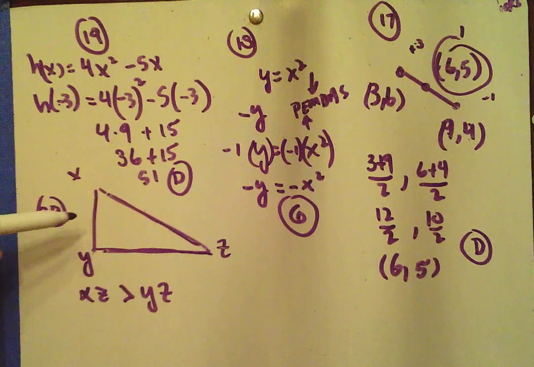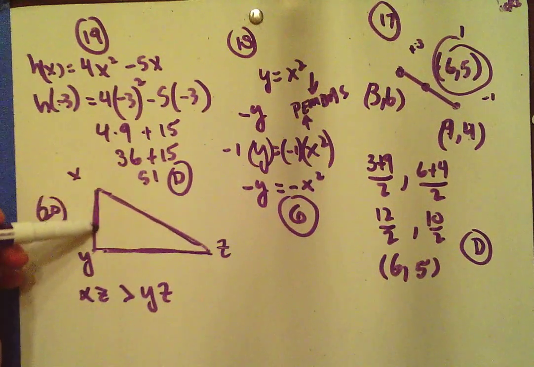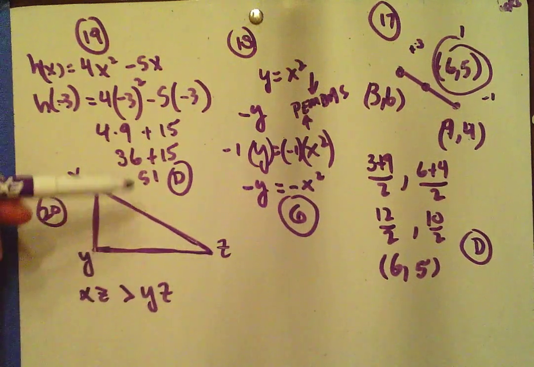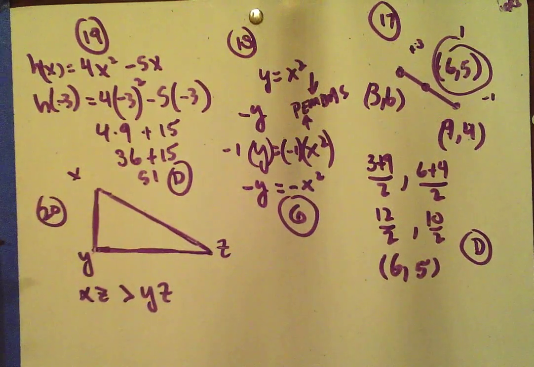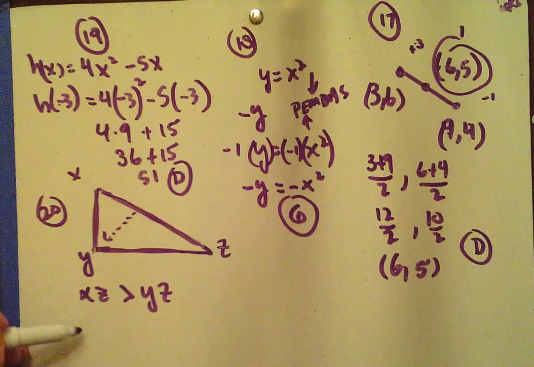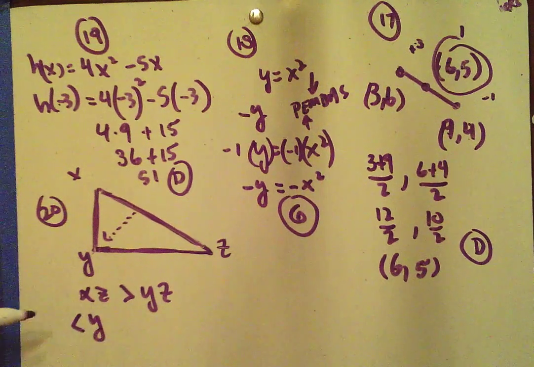Well, hopefully we remember our triangle inequality theorem that says across from the smallest angle is the smallest side, and across from the smallest side is the smallest angle. Or we could read it as across from the biggest side is the biggest angle. So what's the angle across from xz? Well, here's xz, and the angle that's across from it is angle y.